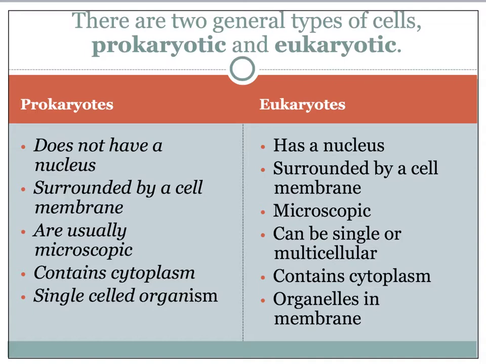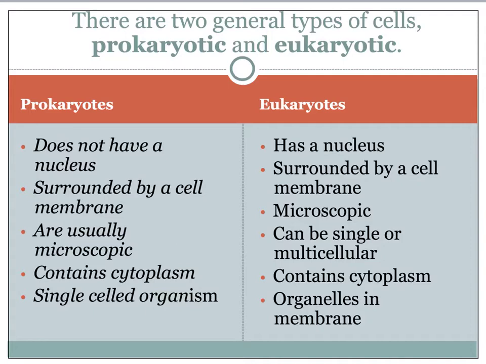So first, there's two types of cells. There's either prokaryotes or eukaryotes. You have a box right now on your notes. Copy this chart in the box. So pause me as needed.